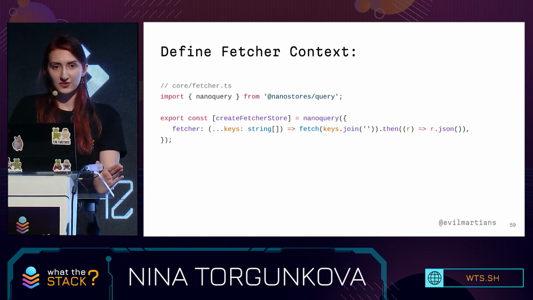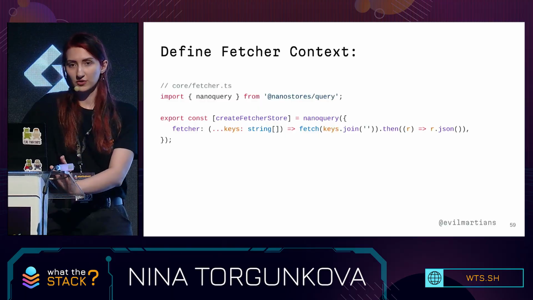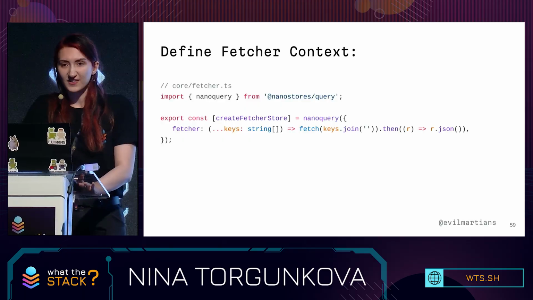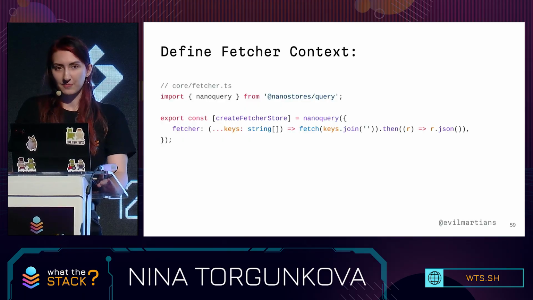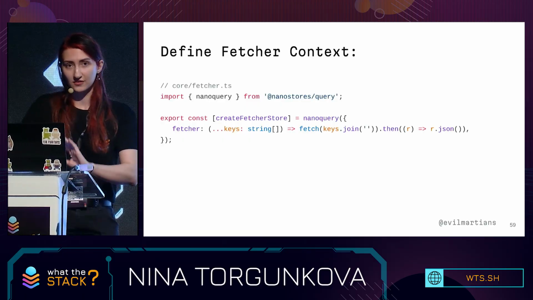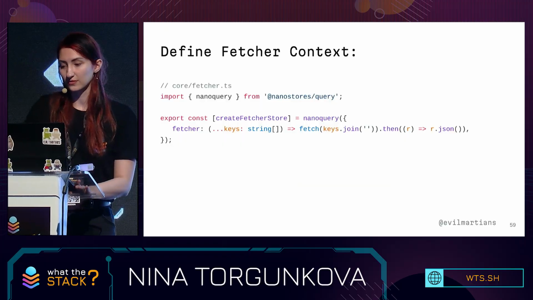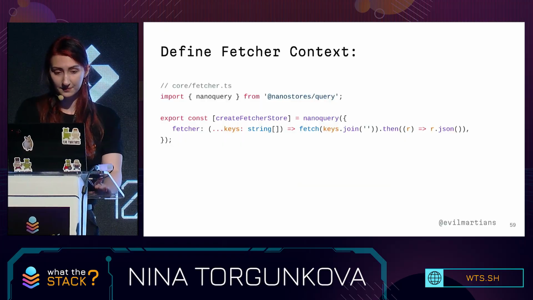And our fetcher is transport agnostic. You may want to use REST API or anything that returns a plain promise. Here I just use plain fetch. When we receive data from a server, we read it and parse it.